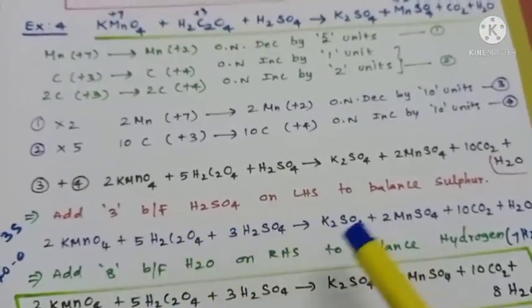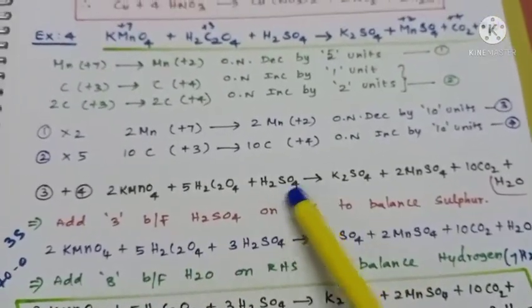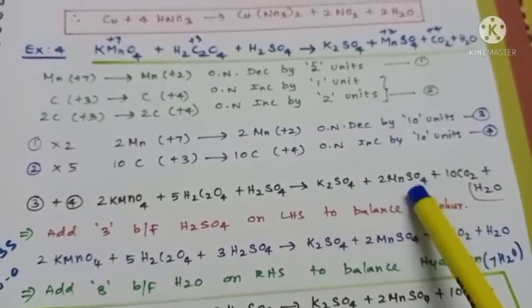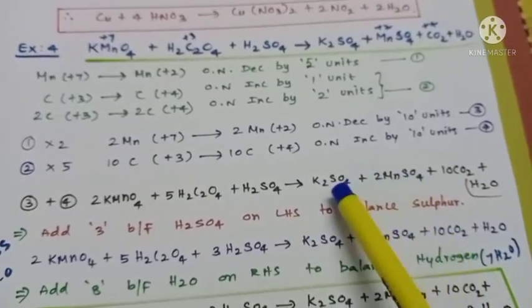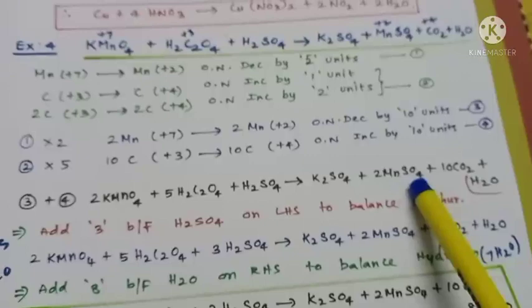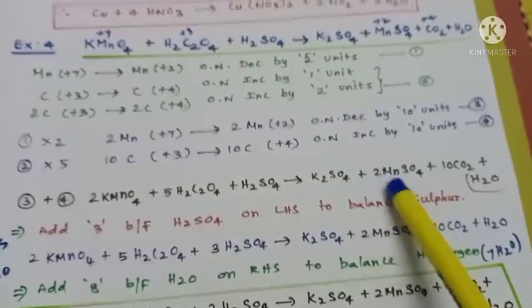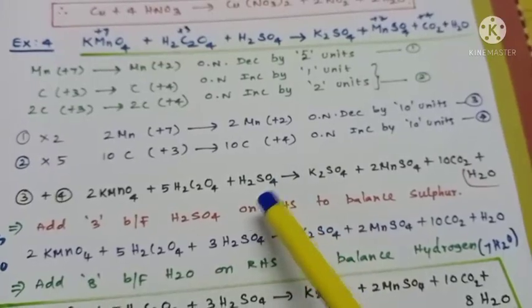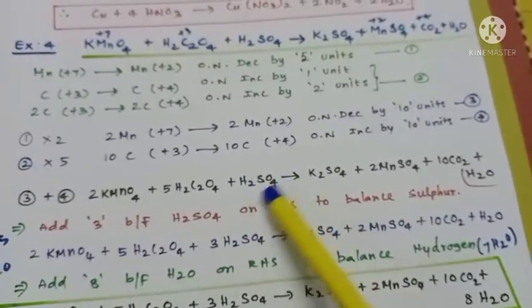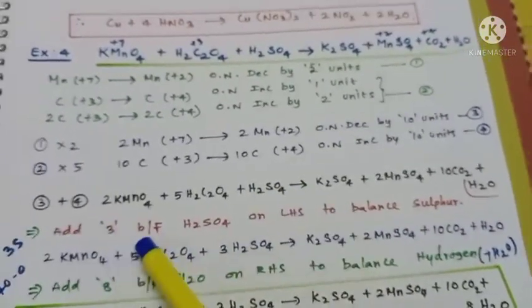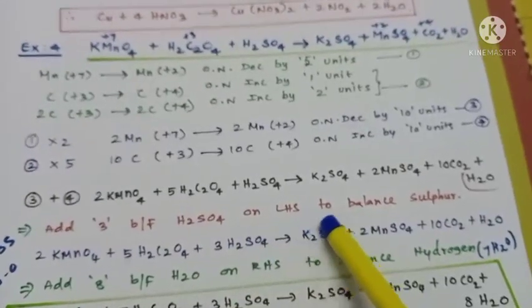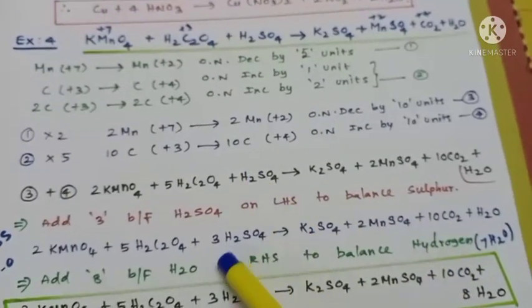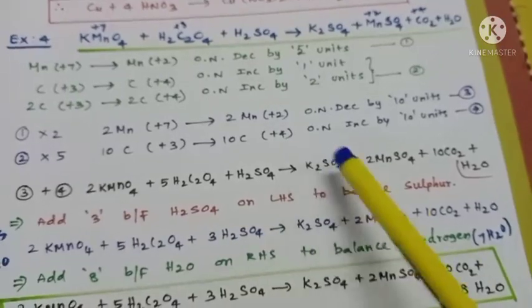Look at sulfur. Left side there is only one sulfur atom in sulfuric acid, but on the right side, here one sulfur, here 2 sulfur, totally there are 3 sulfur atoms, isn't it? To balance sulfur, I am going to add 3 before H2SO4 on the left-hand side. So now it becomes thrice H2SO4, the remaining acids.